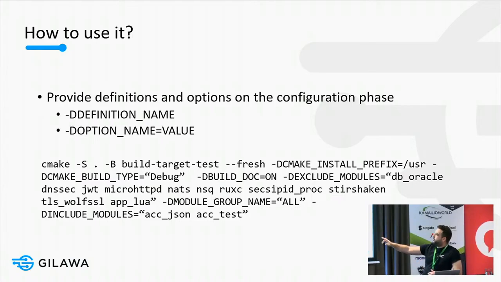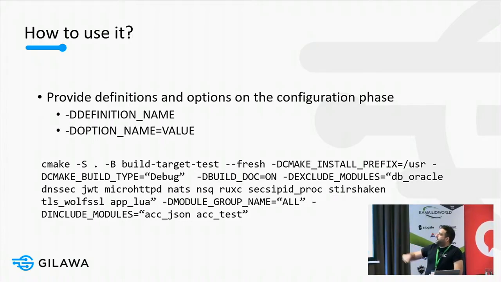For example, here, -S . means where our top cmake list is, where our source is, our current folder, for example. -B is where we want the build files to be built and produced. The --fresh is just an extra demonstration for now. It's to clear any cache and recalculate any available variable.